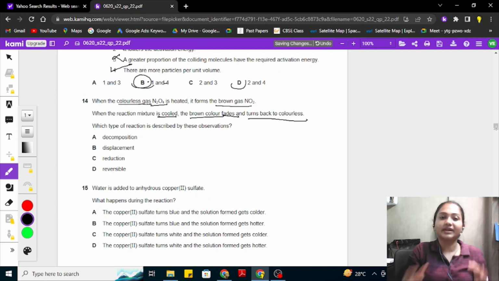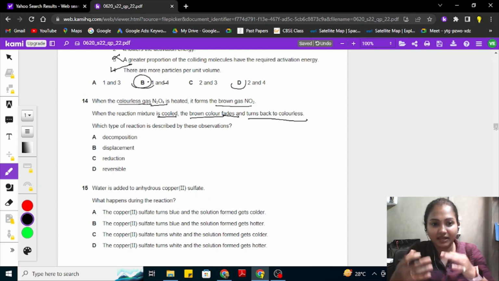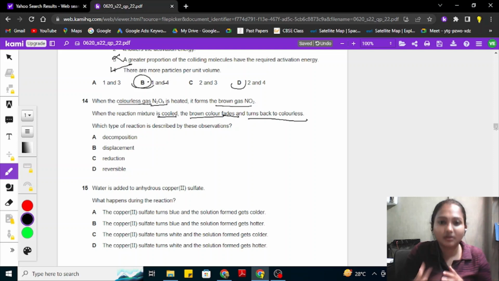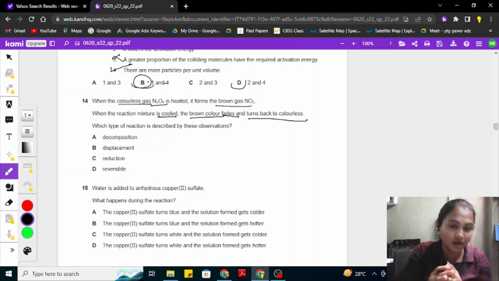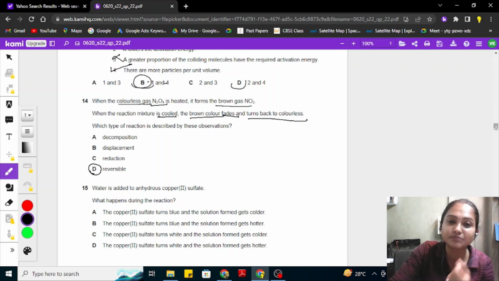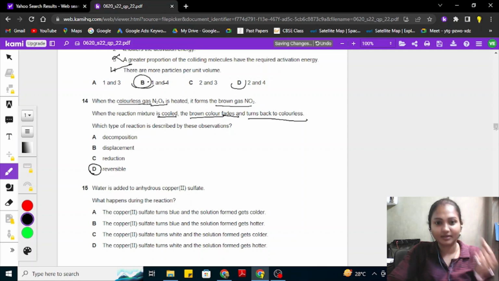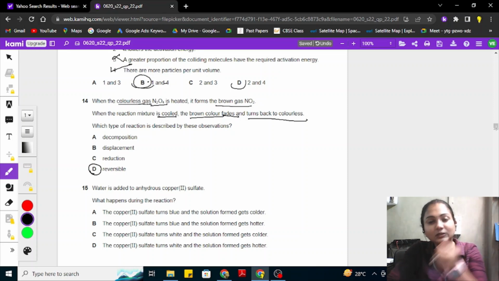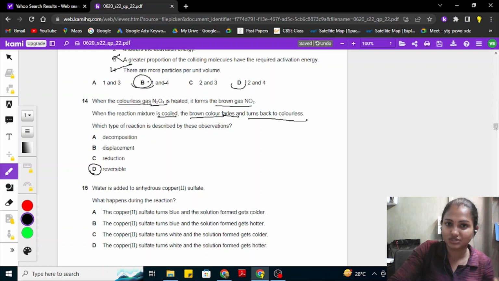So by this, what we can understand, the reaction took place. N2O4 got decomposed from colorless, it changes to brown gas. Once it cooled down, the heat energy was gone, it again changed back. So it is an example neither of decomposition, displacement, nor reduction. It's an example of a reversible reaction. It is reversing, and from brown color it is again turning back to colorless gas, which is NO2 again changing back to N2O4.